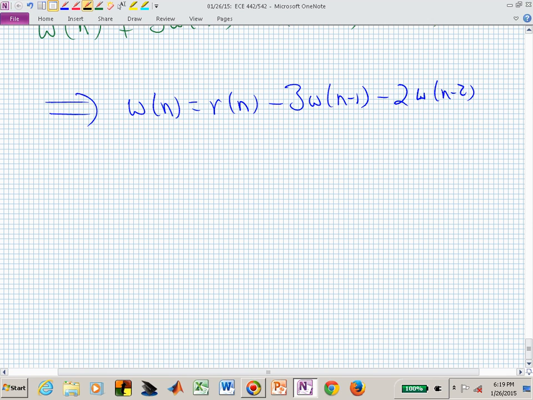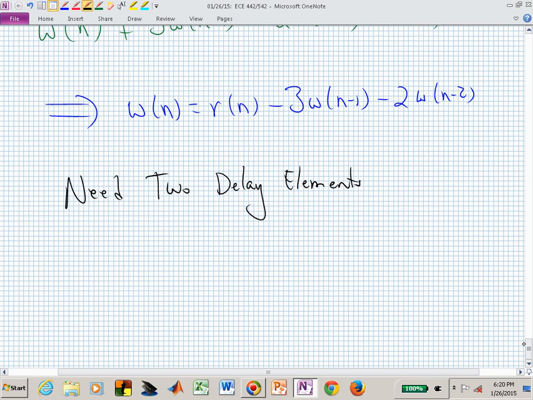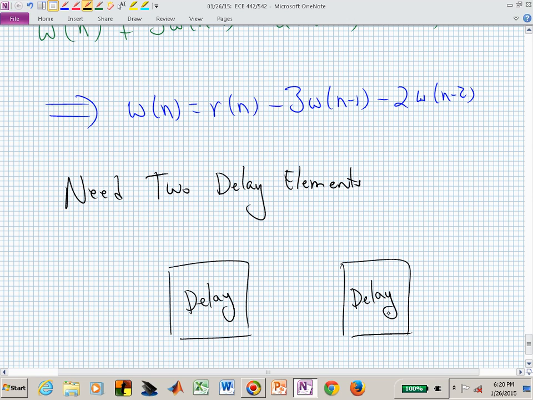We only have 2 delays in this system, so now we need 2 delay elements. These are actually unit delays.